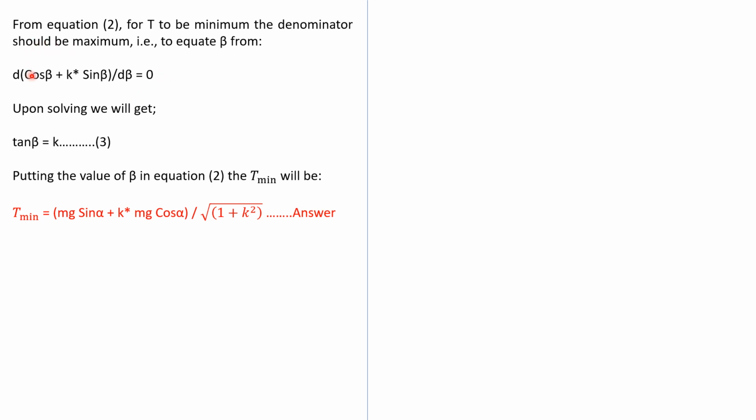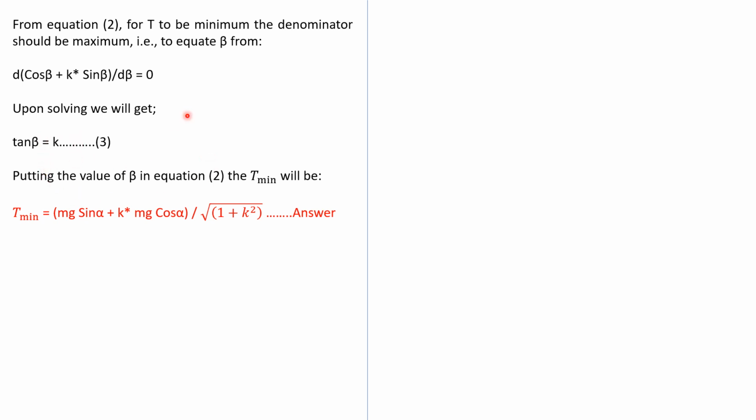I have left the calculation to you. Upon solving, you will get tan beta is equal to k. This is equation 3. Now you can use this in equation 2, and you will get T minimum. By putting the value tan beta equal to k, you will get this. So this is your answer. Tan beta you can think of as perpendicular by base.